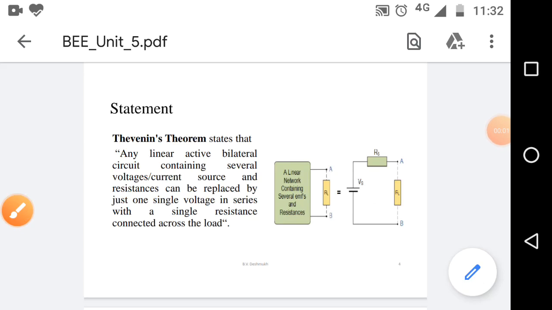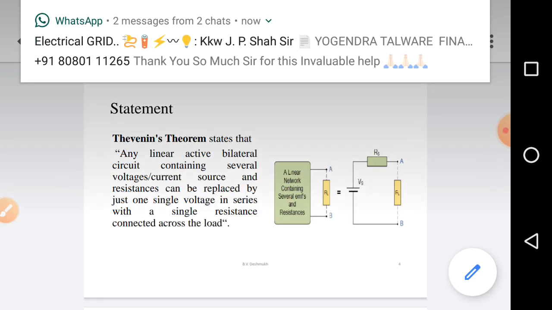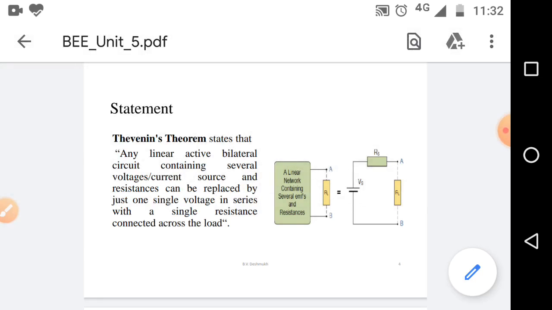Statement of Thevenin's theorem: any linear active bilateral circuit containing several voltage and current sources and resistances can be replaced by just one single voltage source in series with a single resistance connected across the load.